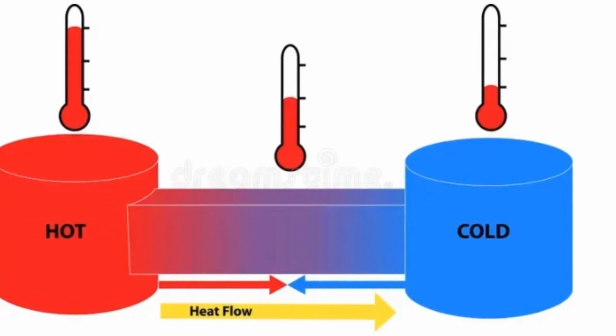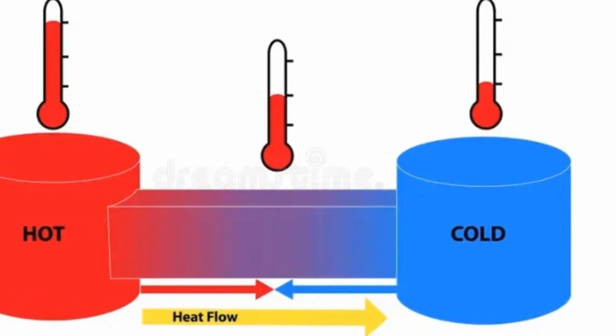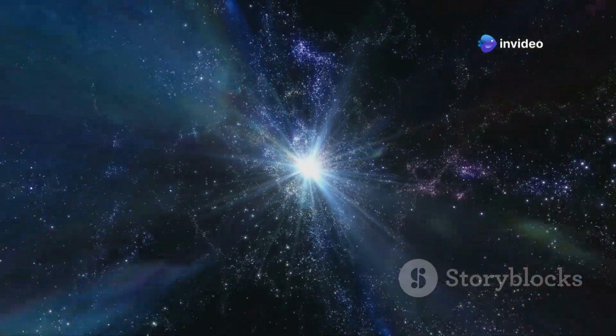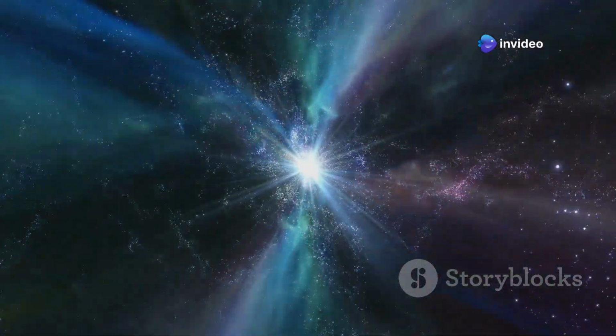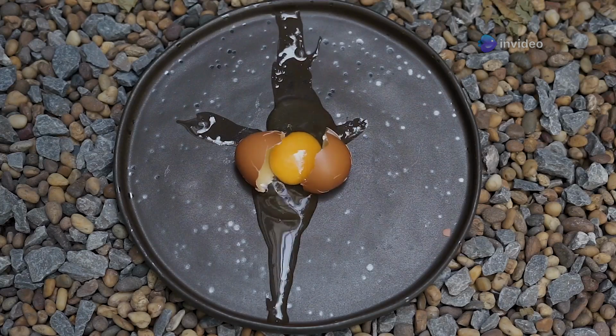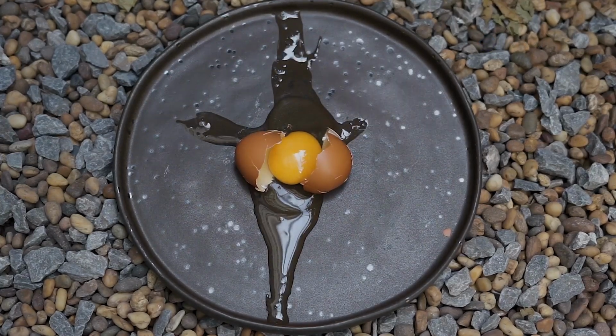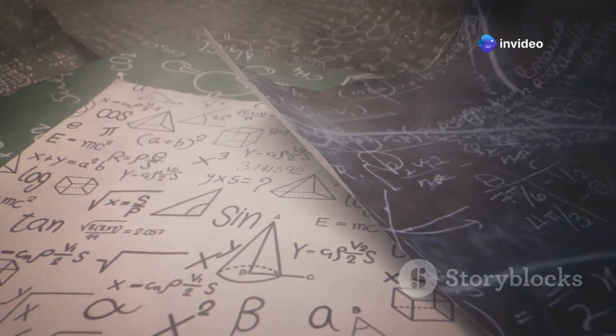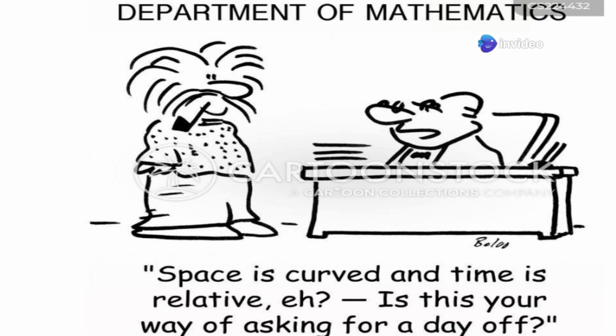This law states that entropy, or disorder, always increases over time. That's why we remember the past, but not the future, and why broken eggs don't spontaneously reassemble themselves. So while time is a dimension in spacetime, it behaves very differently from space. It's directional, irreversible, and deeply connected to the physical laws of the universe.